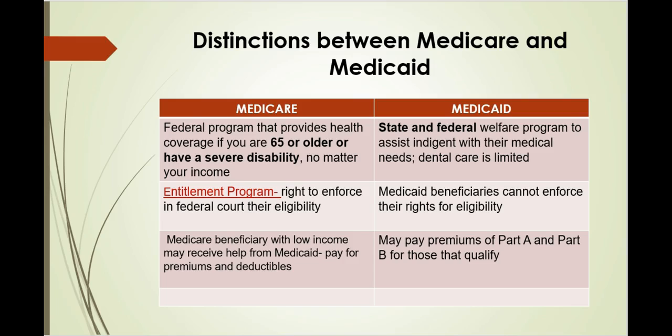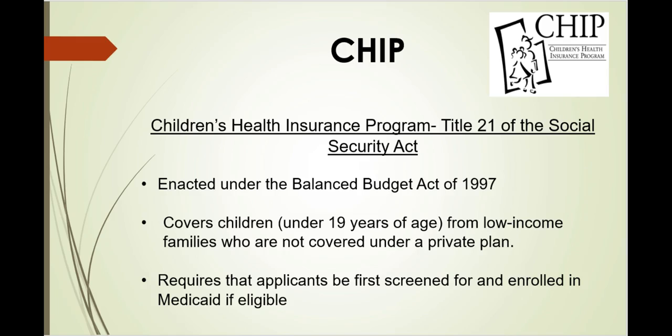Now, we will be discussing CHIP, which is the Children's Health Insurance Program, Title 21 of the Social Security Act. All right, so this act was enacted under the Balanced Budget Act of 1997, but it's a state-based program. It covers children up to the age of 19 from low-income families who are not covered under a private plan.